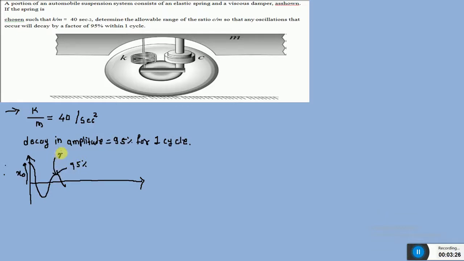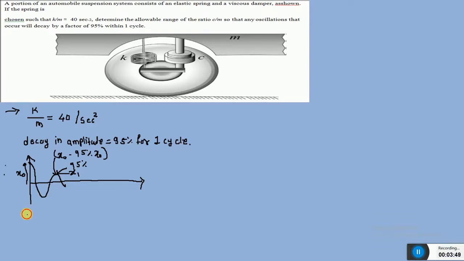So this is the x0 value and this is the x1 value. So we will get the relation between x1 and x0.